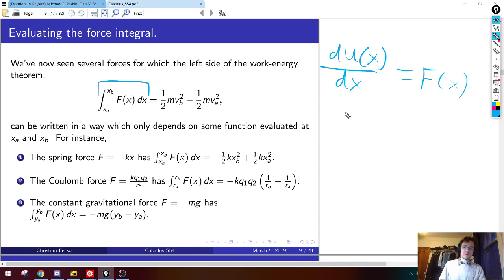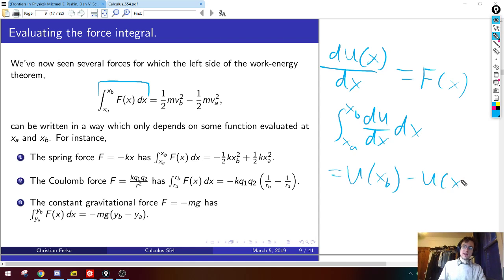If you could find such a function, the work energy theorem would no longer involve an integral at all, because you would just use the fundamental theorem of calculus to kill this integral. The integral of a derivative is just the function evaluated at the endpoints, U at xb minus U at xa. Then you would move these to the right-hand side, which has the kinetic energy.